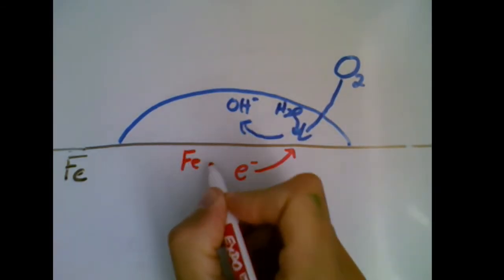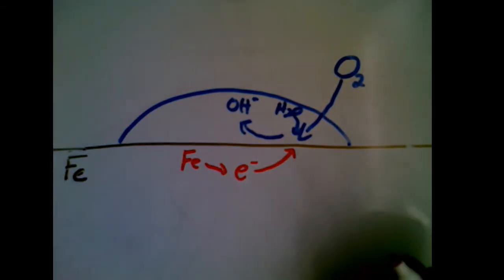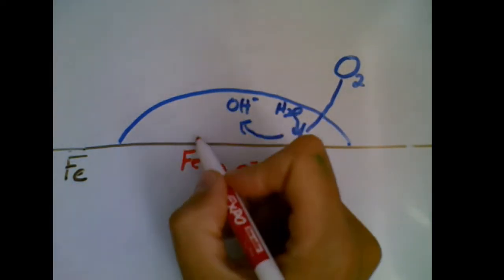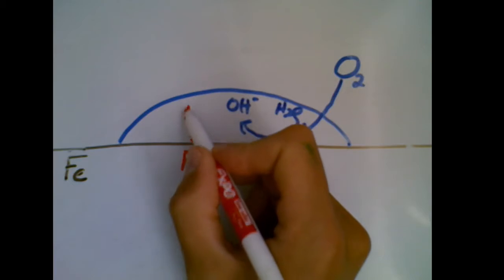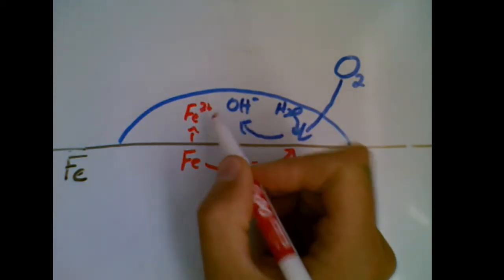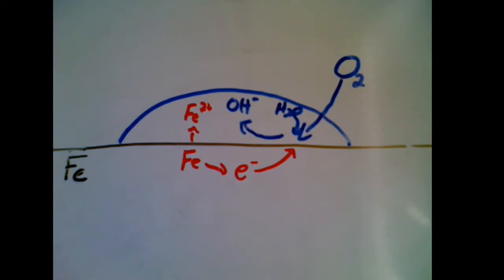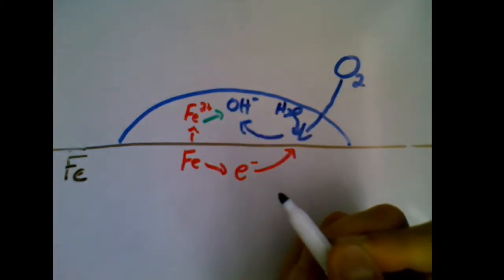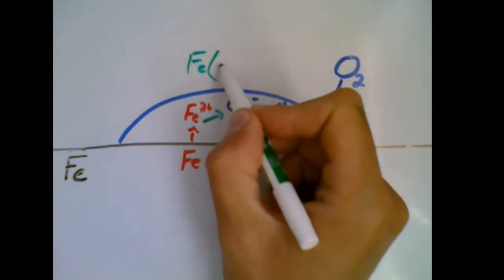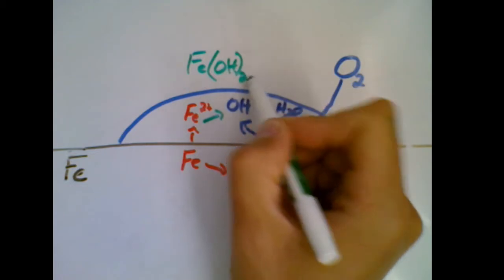The electrons come from the surface of the iron, and as the iron gives away its electrons, it becomes aqueous in the form of Fe2+. This Fe2+ can then react with the OH- to produce Fe(OH)2.